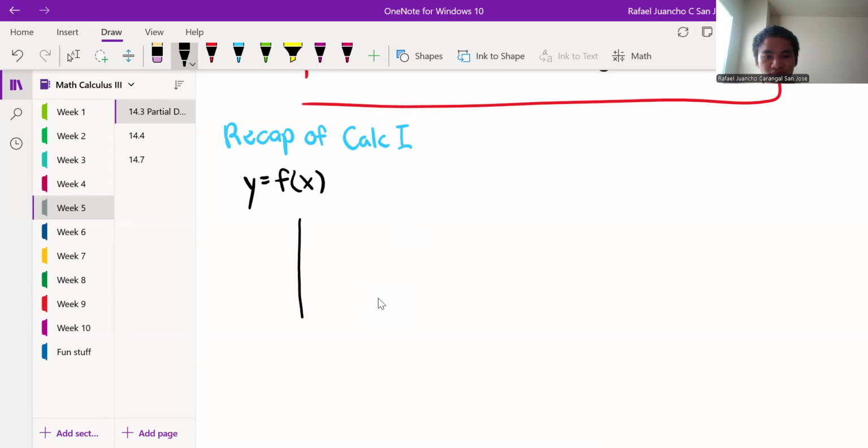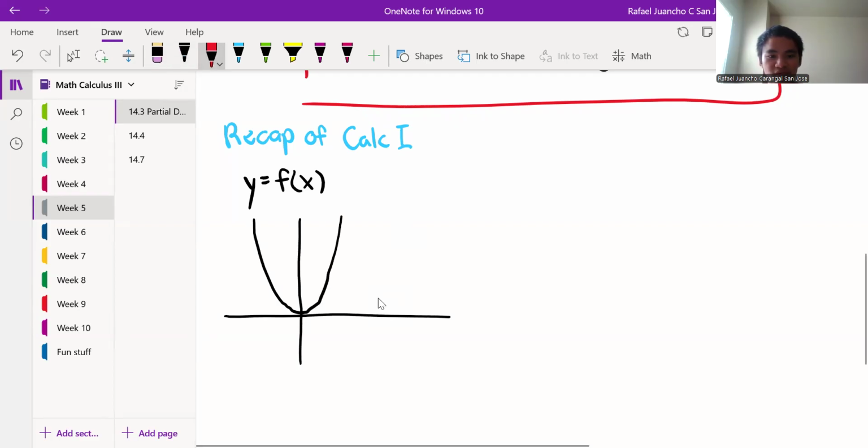Actually, let's do a graph. I'll do a quadratic graph because that one's easier to do. And let's say at this point, we want to find the tangent line at that point. This is my f of x. Let's say this is x. Then this is my y, right?